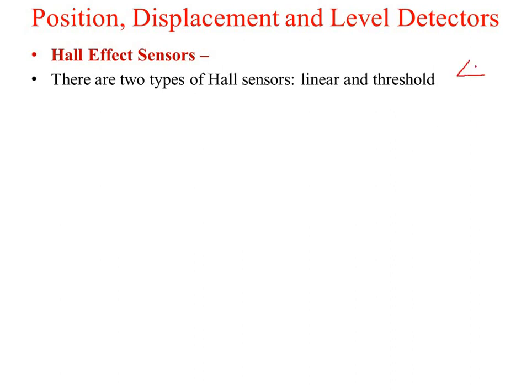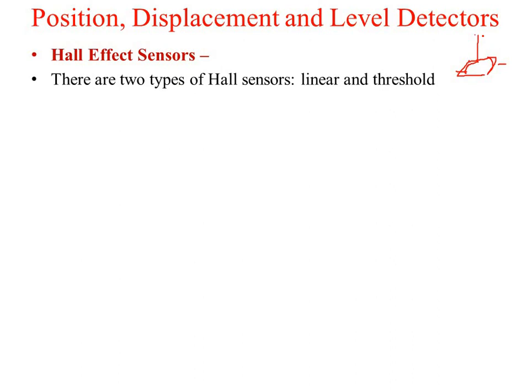This is a material across which you will be measuring, and you will be passing the current through this one, and the charges will get distributed towards the plates, and this charge distribution will be proportional to the magnetic field. The same principle is used over here. This principle is used for measurement of position as well as displacement. The Hall effect sensors consist of two types.